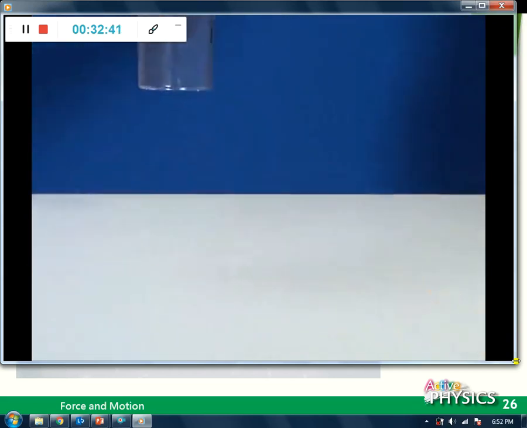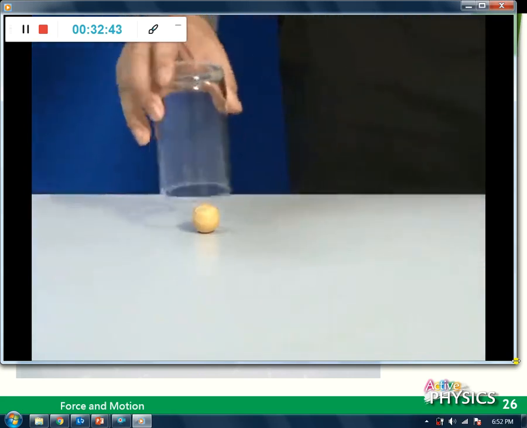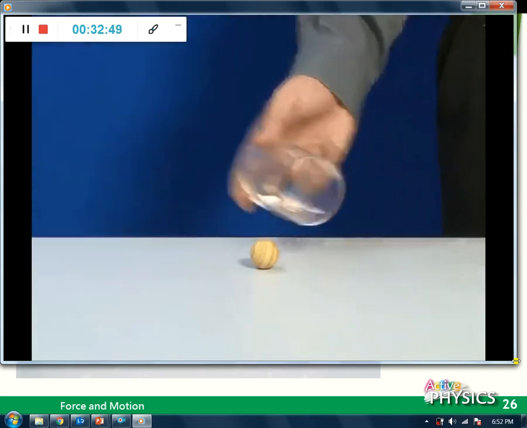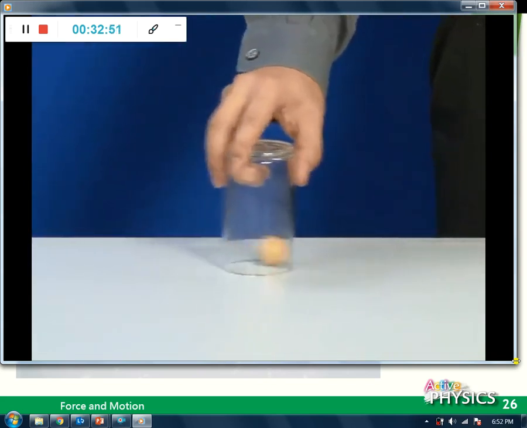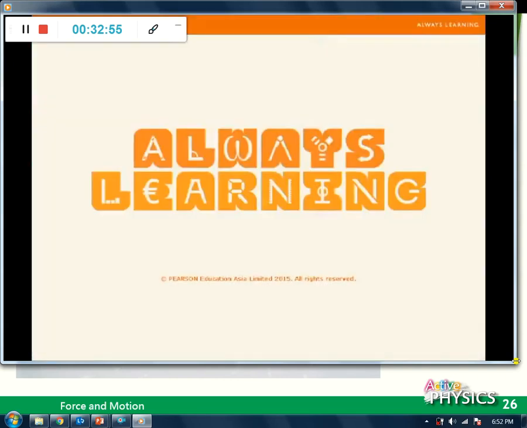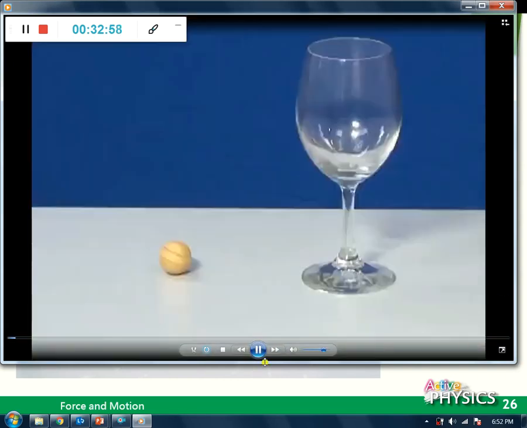How about this? This one is very difficult to do. But why? You can see that the inner surface of it is not perfect.